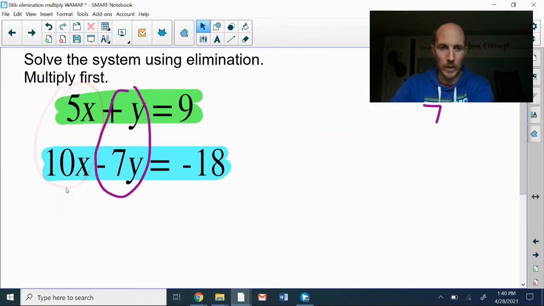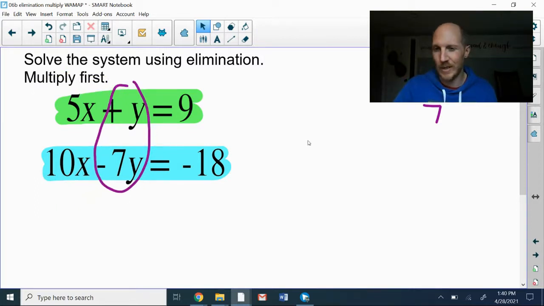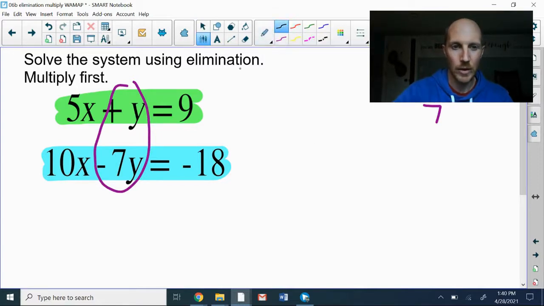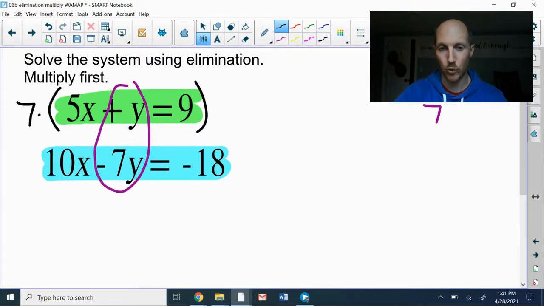Go ahead and work with the y's this time, just for the simple reason that I did x's last time, so we're going to try something different this time. So let's take this top equation. I'm going to multiply by +7. I want the green y term to be +7y, so that it will eliminate with that -7y from the blue equation.